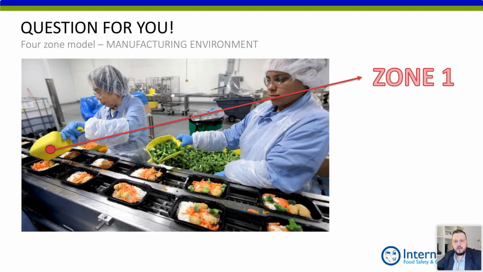But in the environmental monitoring program, you want to find microorganisms. So probably you will start with testing with swabs more and more in zone 1, which is in direct contact.